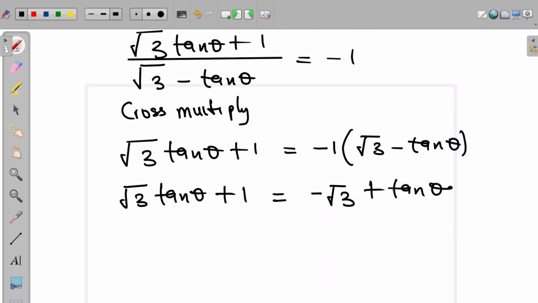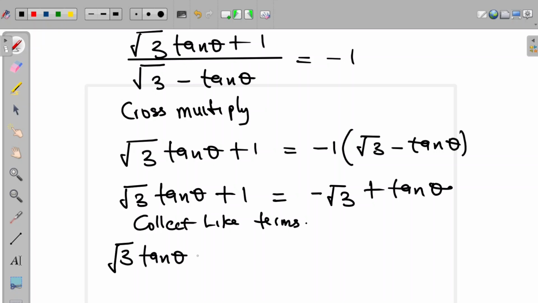So now we can collect like terms. We have root 3 multiplied by tan theta minus tan theta. When tan theta moves to the left hand side, it becomes minus tan theta, equal to minus root 3 minus 1.